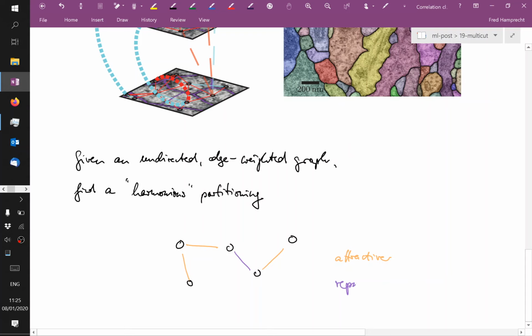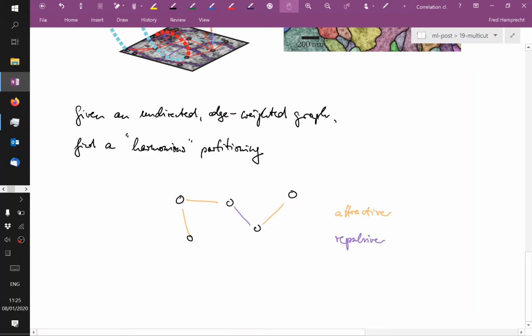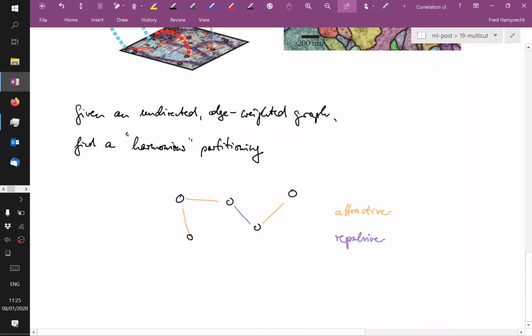And let's make this one here repulsive. And if here each node was a person, and this is how people like or dislike each other, then there's a very obvious solution to please everybody, namely to put a cut here, and we would get two groups or two clusters, and everybody's happy. Everybody's happy means whoever wants to be together is together, whoever does not want to be together is not together, and all is good.